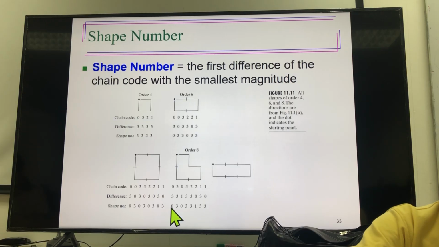Okay, next is this shape number, and you can see different shapes end up with different shape numbers.